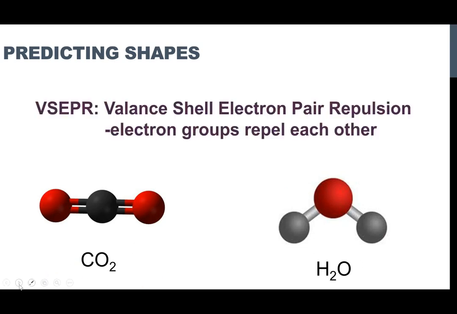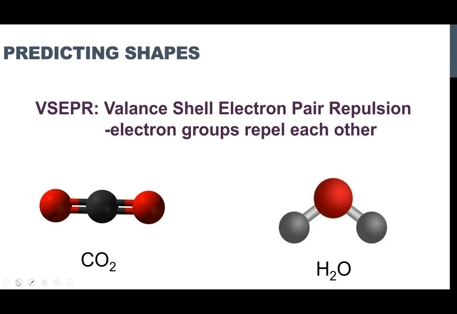So what we are going to use to predict the shapes of these molecules is VSEPR, valence shell electron pair repulsion. That's a lot. So it's a really heavy statement. So let's break it down. So first, valence shell electrons. Well, that shouldn't be a surprise at all.